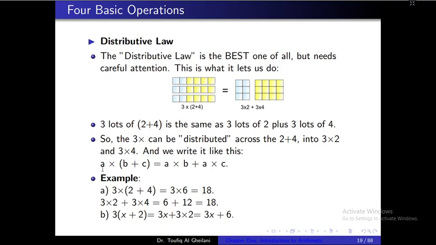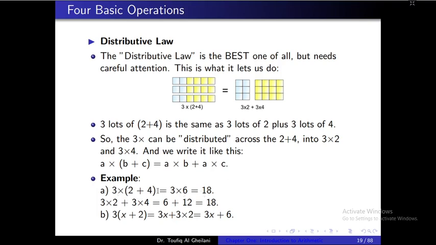And we can see it like this: A times (B plus C), we distribute, A times B plus A times C. Example, 3 times (2 plus 4). 2 plus 4 is 6, times 3 is 18.